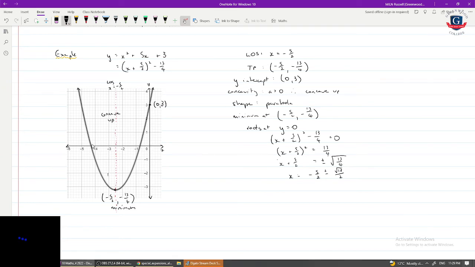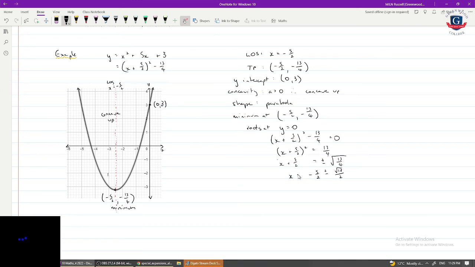Here's one here and here's one here. We just have to find out where they are. So to find that, we can use the turning point equation and substitute in 0 for y, which is what I've done here. I've just flipped the sides over, added 13 on 4 to both sides, took the square root of both sides, remembering there's 2 solutions, and then subtracted 5 on 2.